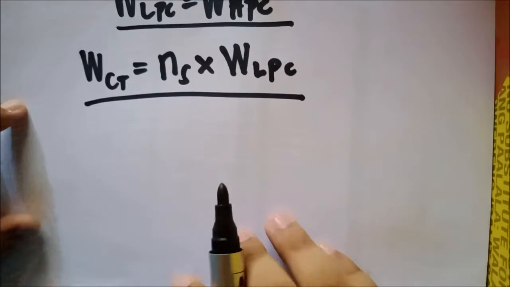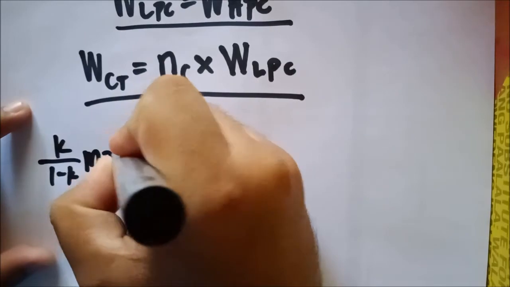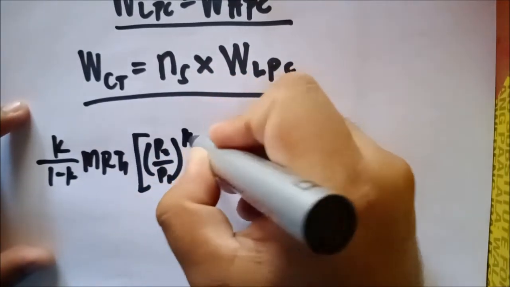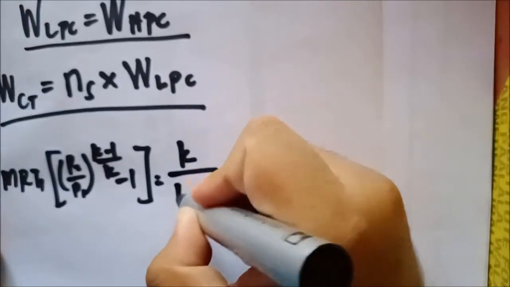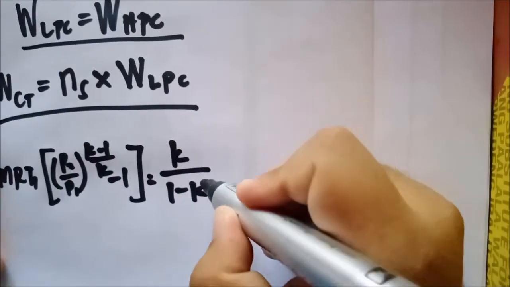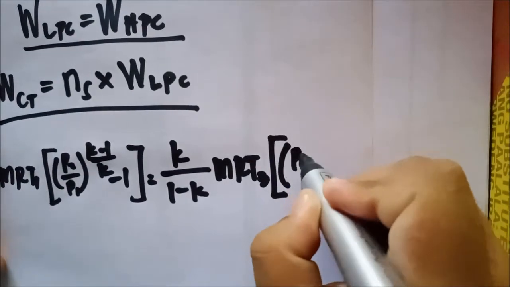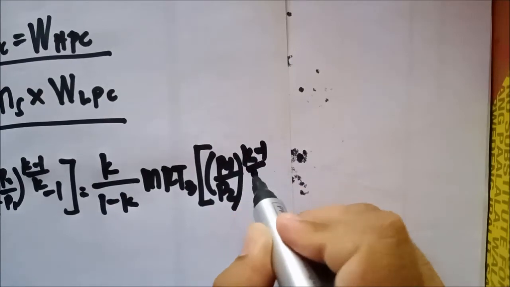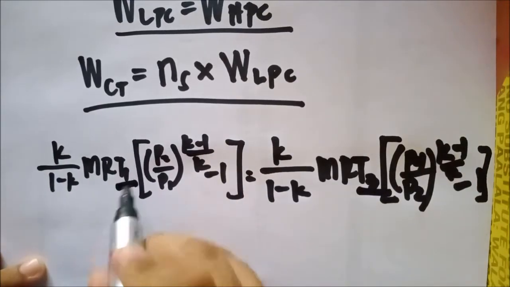So it comes from this equation. So remember that T3 and T1 had the same value.